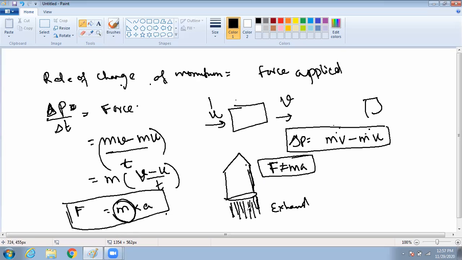The higher it goes, the more exhaust it generates, so slowly the fuel and the mass of the rocket change. For this law to be valid, the mass has to be constant.